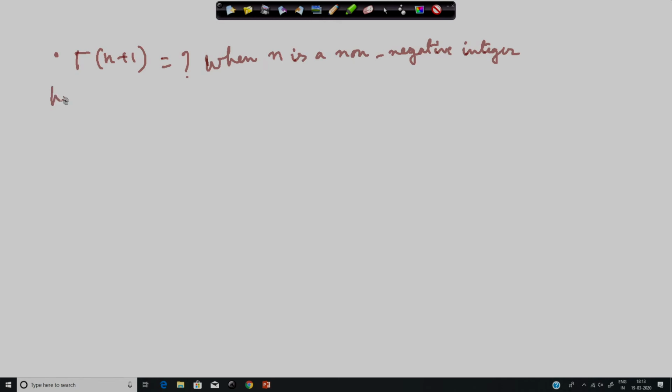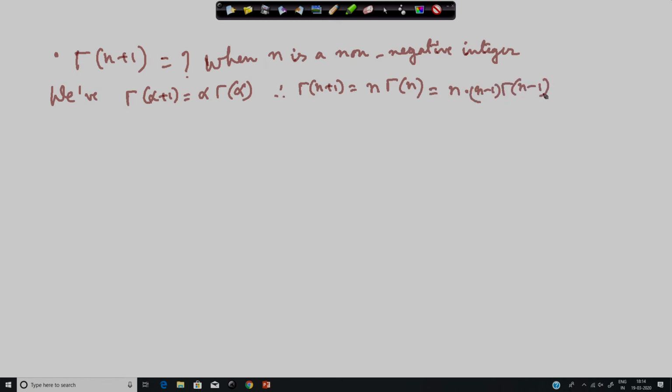So, we have gamma alpha plus 1 equals alpha gamma alpha. Therefore, gamma n plus 1 equals, I can say n gamma n, that is the next integer into gamma n, that previous integer. So, n into what is the previous integer of n? So, that will be n minus 1 gamma n minus 1.